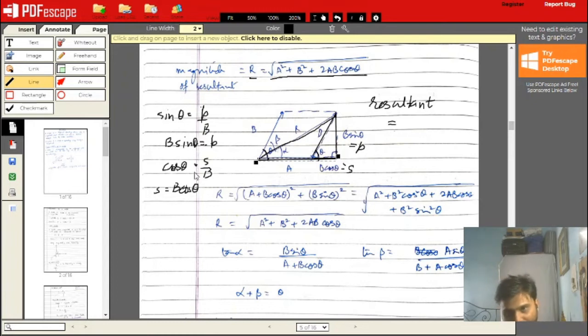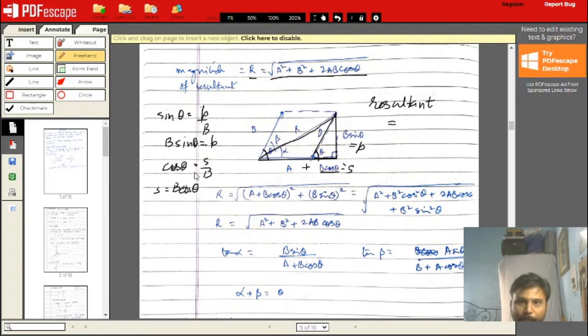So this side is R. This complete side is A plus the base of the small triangle, B cos theta. So this is A plus B cos theta. This is B sin theta. Again repeating, this is A plus B cos theta, this is B sin theta. This is the base of this triangle, and this is the perpendicular of this triangle.